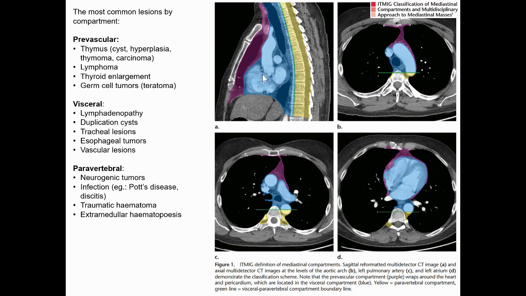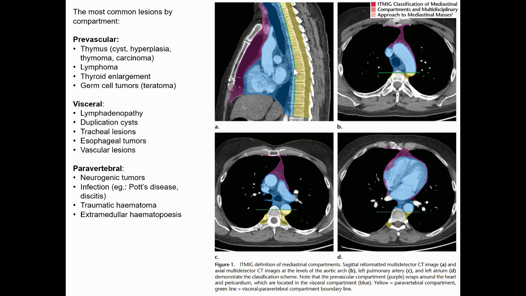The visceral compartment is this blue area, so it's behind the pericardium, and it's in front of this line which crosses each vertebral body, but it crosses them 1 centimeter behind their most anterior aspect.